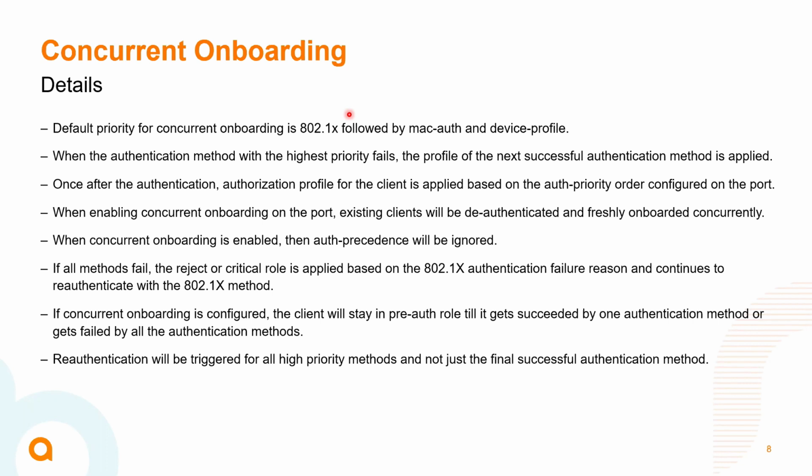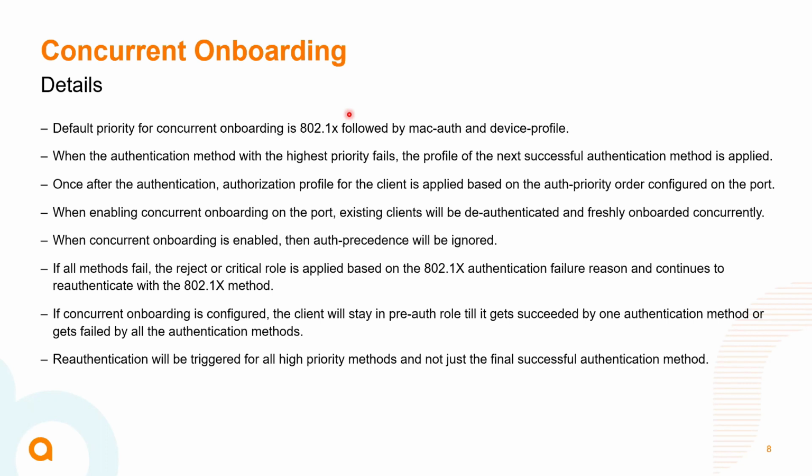Another thing you have to note is, if you have configured the pre-auth role on that port, all the clients during the process of the concurrent onboarding will use that pre-auth role. For example, if you are onboarding .1x clients, the .1x client, because of the .1x mechanism, will take a longer process to onboard, which I'm going to explain in a minute.